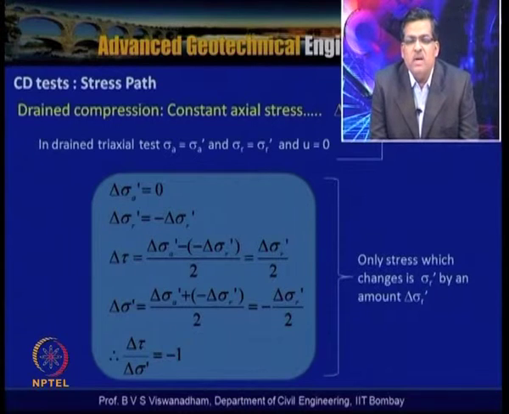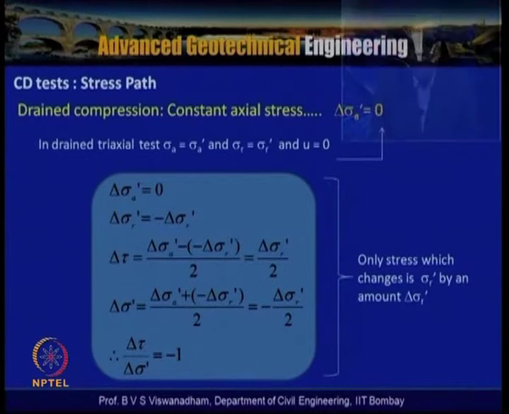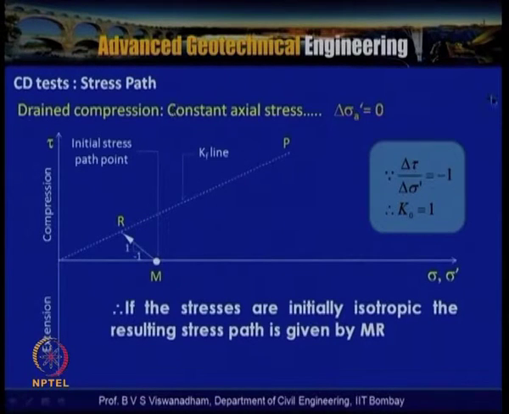So when delta sigma A dash is equal to 0, and you keep on increasing delta sigma R dash, the slope of delta tau by delta sigma dash will be minus 1, that is 1 vertical to minus 1 horizontal, as you can see here.